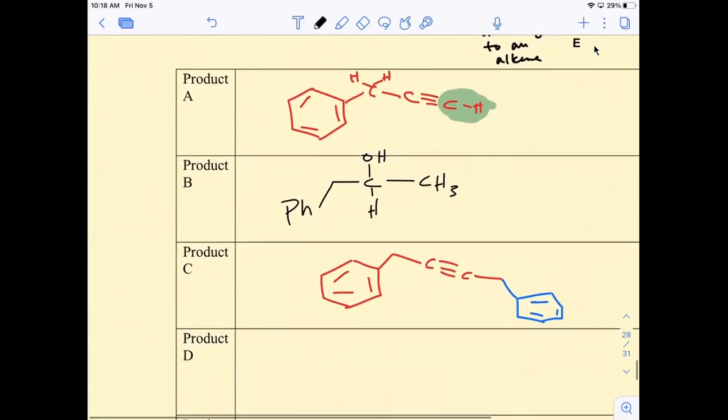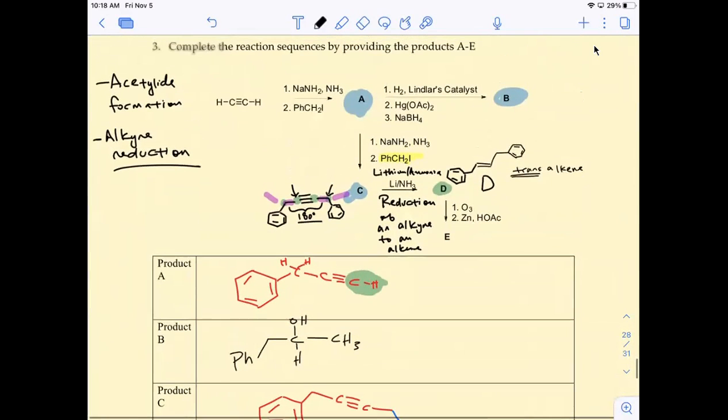All right, so that's B. We took that triple bond. Initially, we did a substitution reaction to get A, and then we used A to get B, because in a multi-step process, the product of one reaction is the start material for the next reaction. So A is the start material for the synthesis of B. Any questions about that?